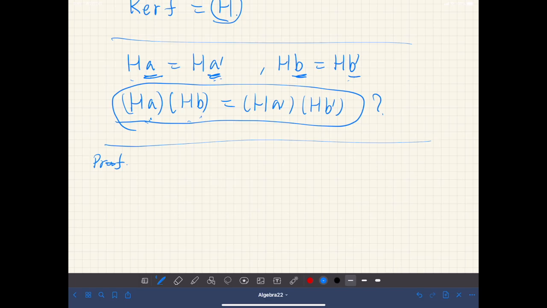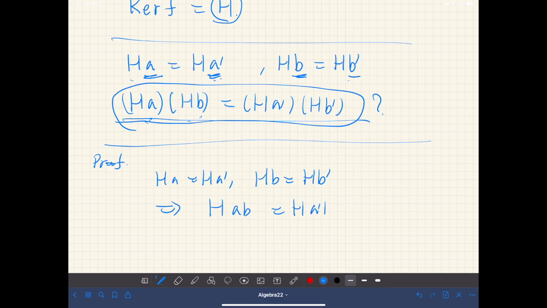The first thing we need to show is that this operation is well defined. That means we need to show that if HA is equal to HA prime and HB is equal to HB prime, then HAB is equal to HA prime B prime. So this part is equal to this, and this part is equal to this.